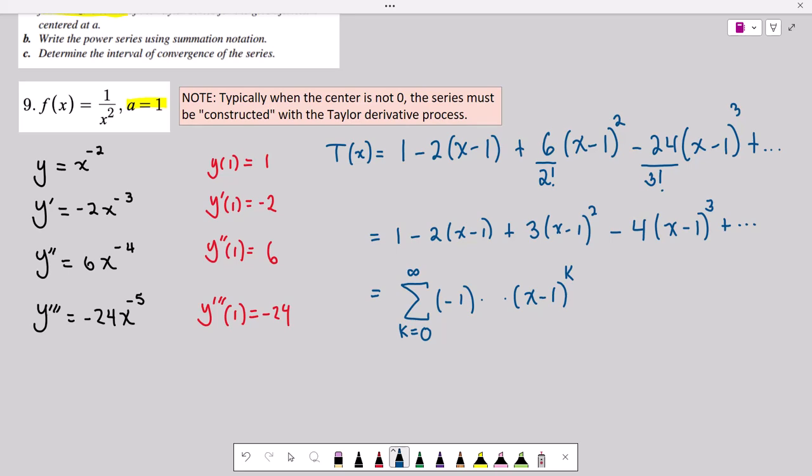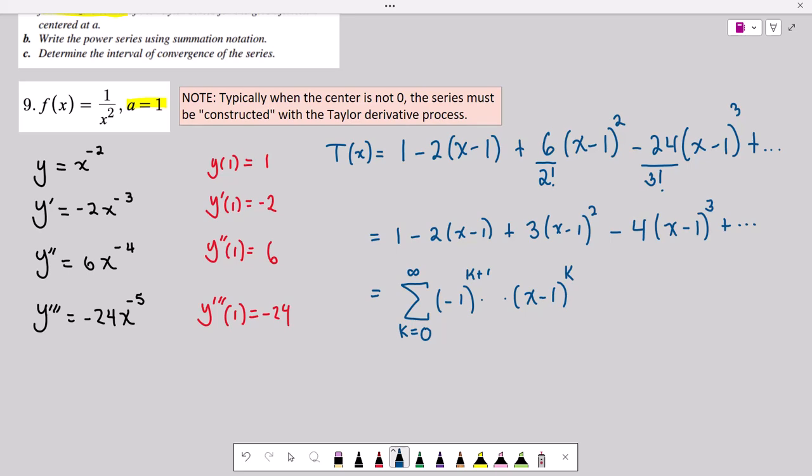Okay, now let's figure out the power on the -1. Should it be a k or should it be a k plus 1? Let's see. If we put k plus 1 here, and then we plug in 0 for k, do we get a positive or a negative 1 there? If we plug in 0, we're going to end up with a -1 to the 1, which means we're going to end up with a leading -1.